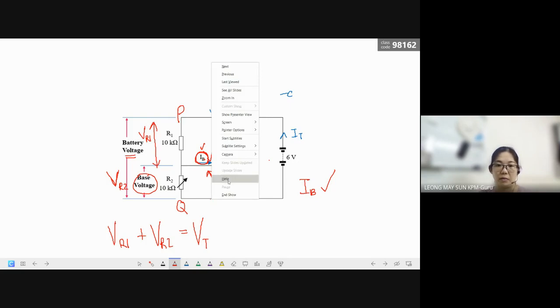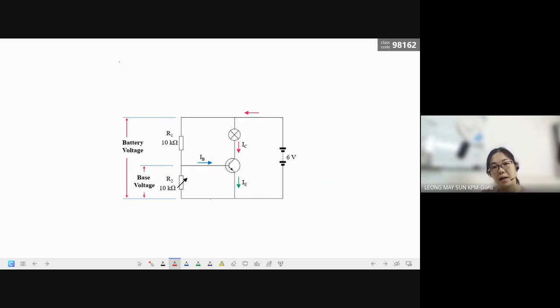Let me erase everything. How did they get V_out equals R2 over R1 plus R2 times V_in? Maybe I should just take this circuit.